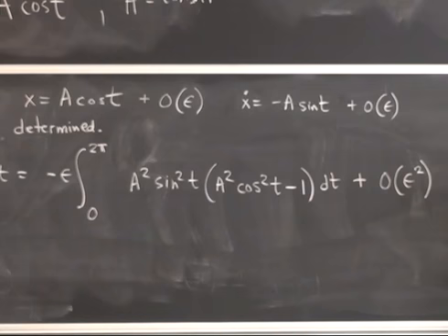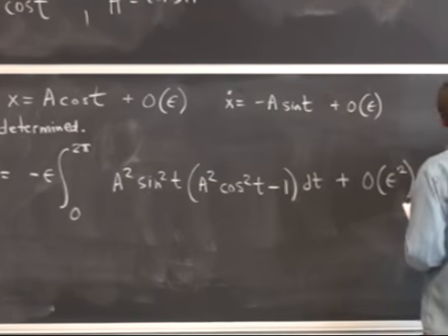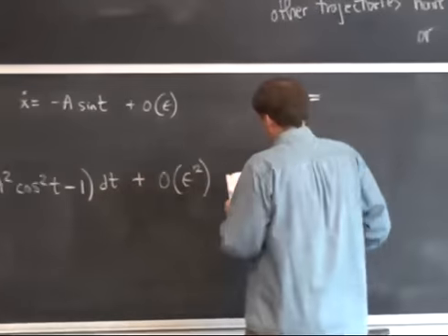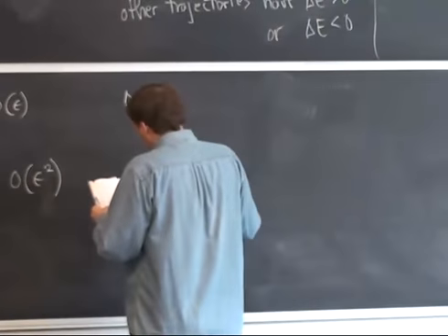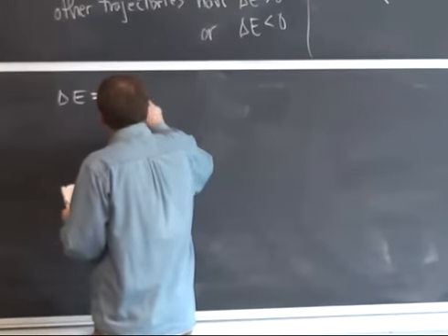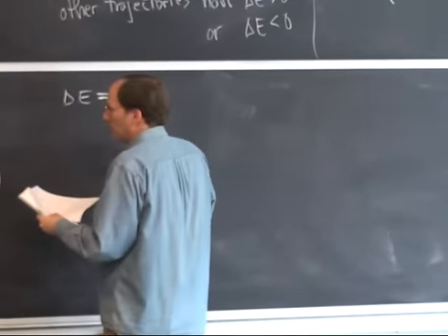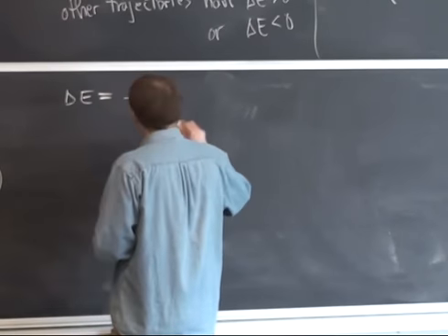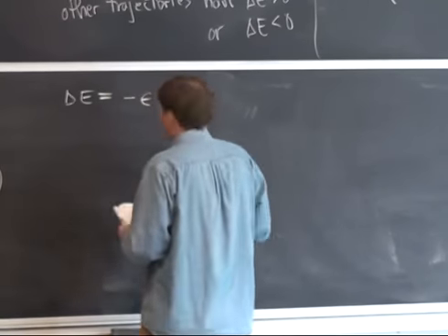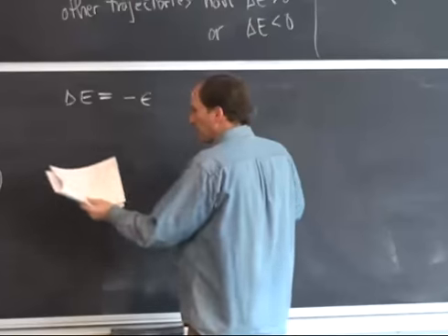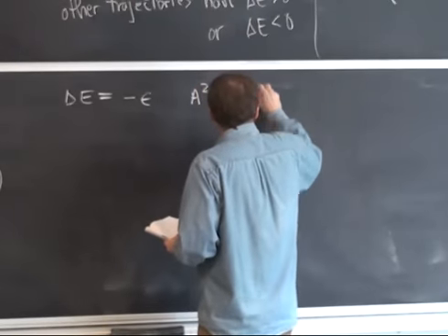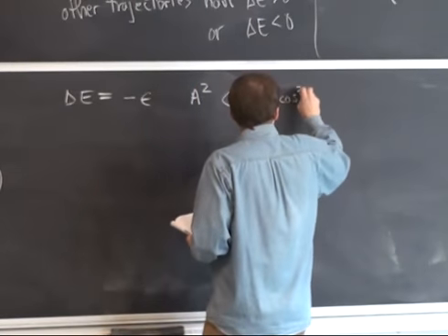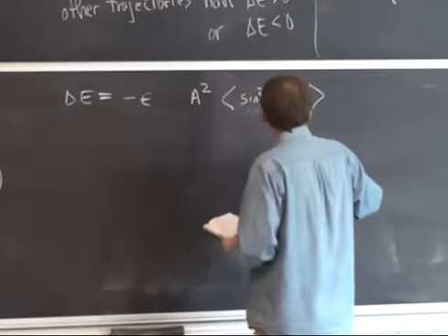Then your answer will come out to be delta E. Actually, I'll show you how I would do it. I'd say delta E is minus epsilon, and then I would go A squared times, I'm computing an average of sine squared t cosine squared t over a cycle.